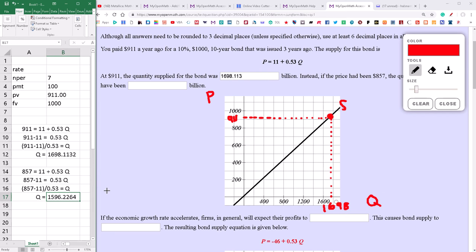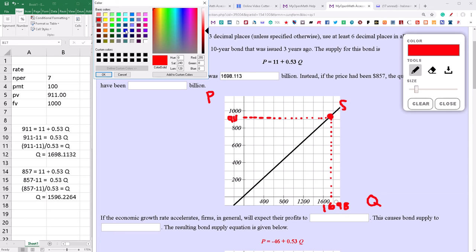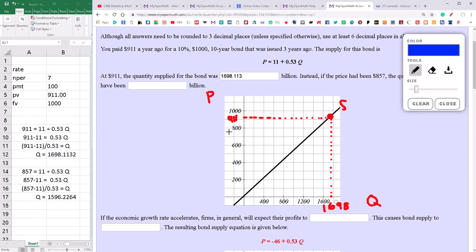The quantity is 1596. So let's go ahead and change the color to, I don't know, blue. I'm going to shrink this up a little bit so it's not so thick. So now we got 857, which is right in here somewhere.